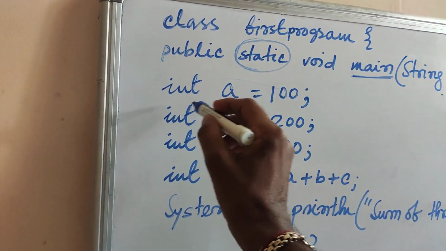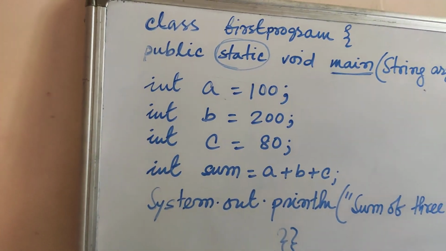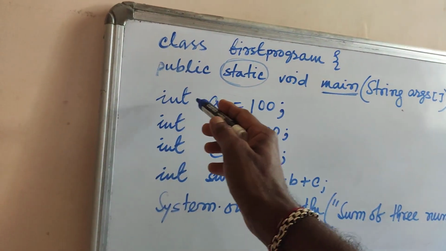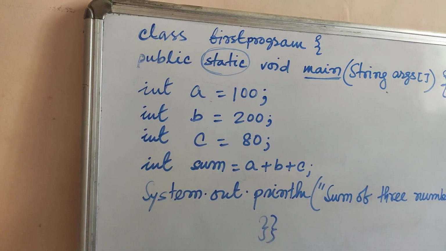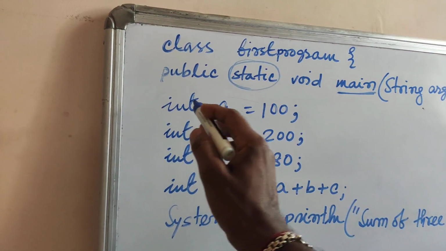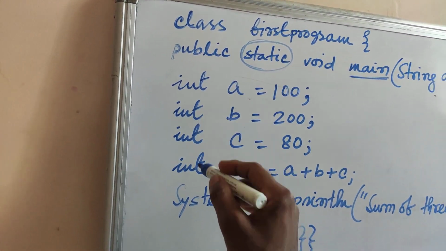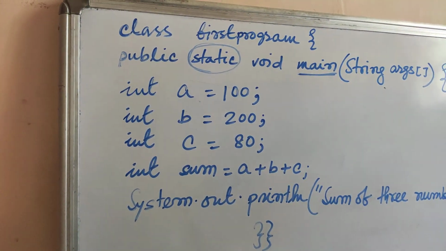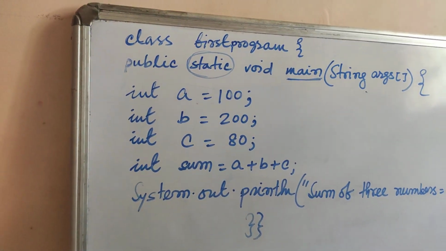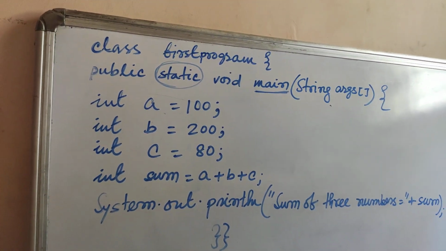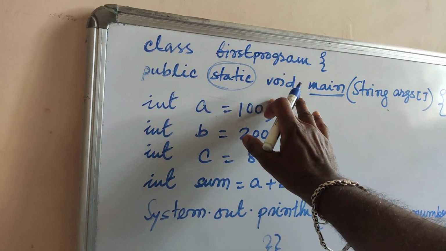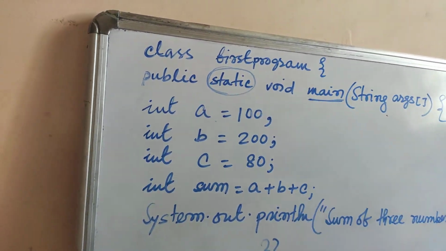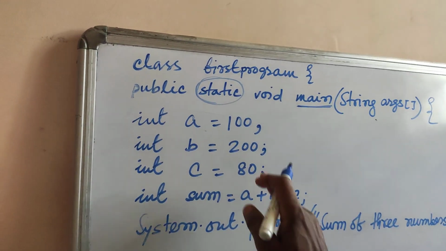Okay, now see here, one more question is there. a is an int, b also is int, c also int. So after int, again int, again int, you can write it in the same line. How can you write it? In the same line, you have to give a comma as a separator.